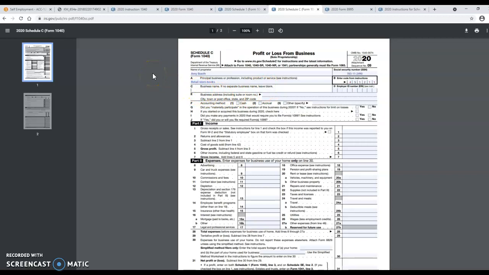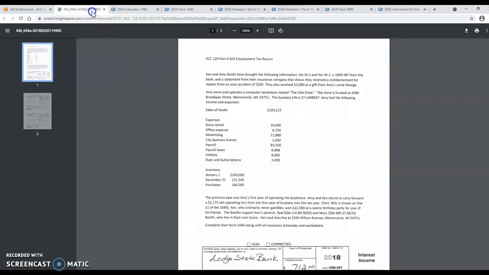Okay. The business name is The Disk Drive. If there's no separate business name, it says leave it blank. The business address, if there's a separate address for the store besides Ken and Amy's house, then we need to put that separate address, and we were given that.